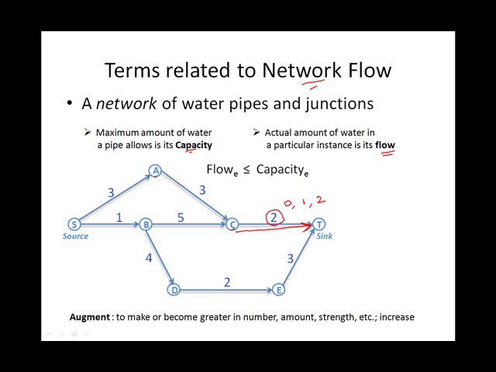So we say that 1 unit of water is flowing from C to T. The problem constraints say that the amount of flow going through any edge should be less than or equal to its capacity. And of course, we will look at only integer flows in this session.